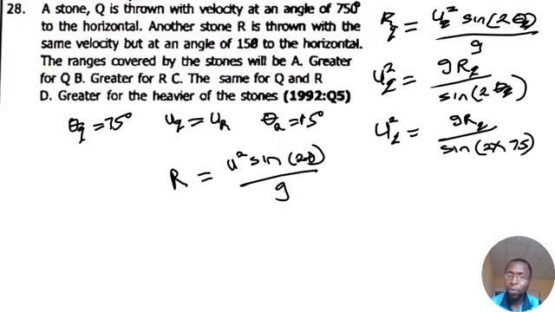Going forward, we have u Q squared equal to g R Q over sine 150, since 75 times 2 is 150.